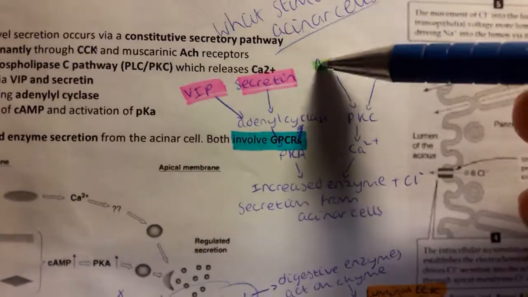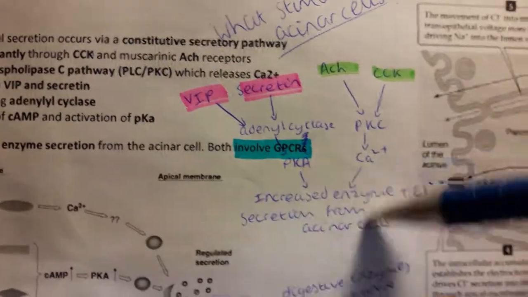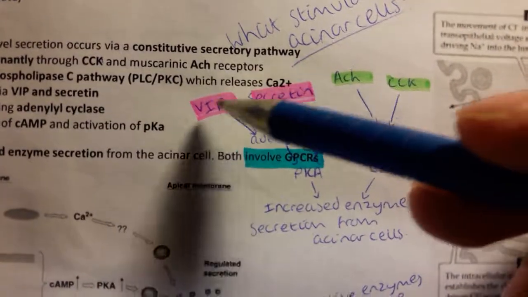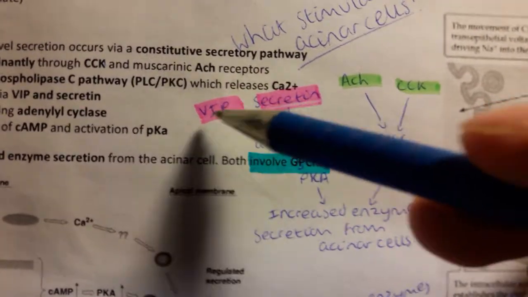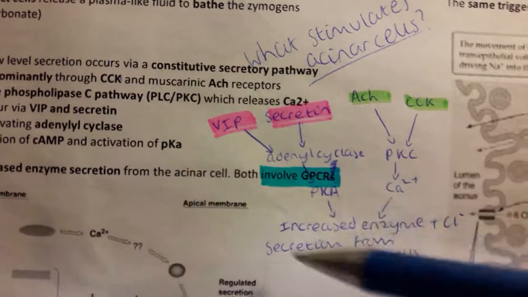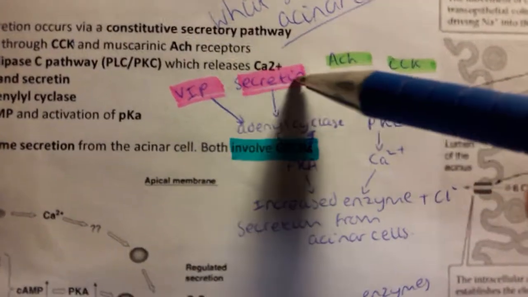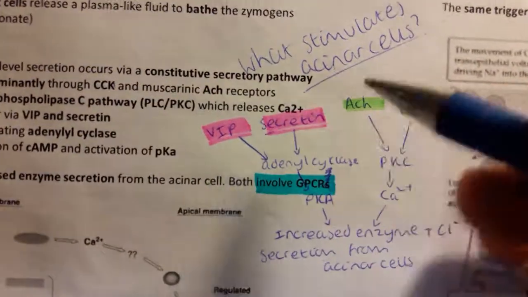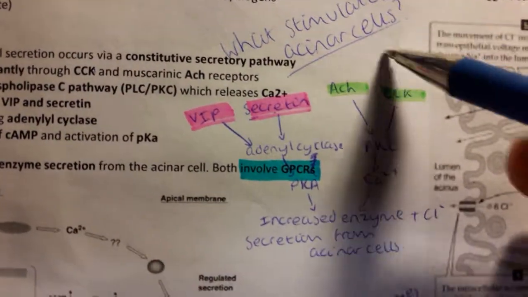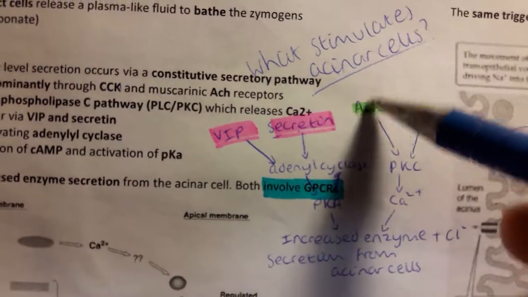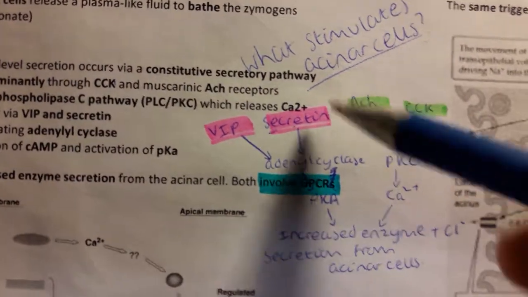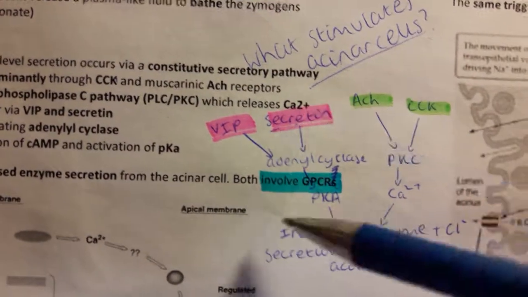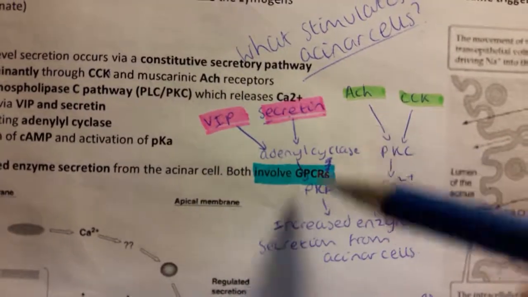But it's not just acetylcholine and cholecystokinin that activate the acinar cells. It's also VIP, which is vasoactive intestinal peptide, which is another hormone, and secretin. Now secretin, if you think back, comes from duodenal S cells. S for secretin; I cells produce cholecystokinin; vagal stimulation releases acetylcholine. So the duodenal S cells, when stimulated, release secretin, and VIP and secretin activate a different pathway.